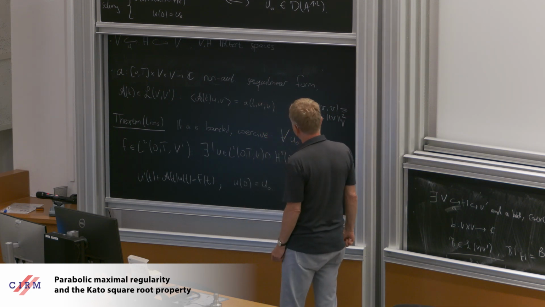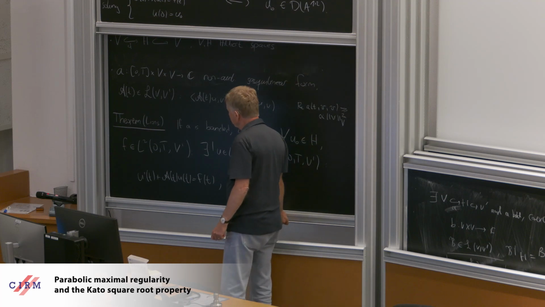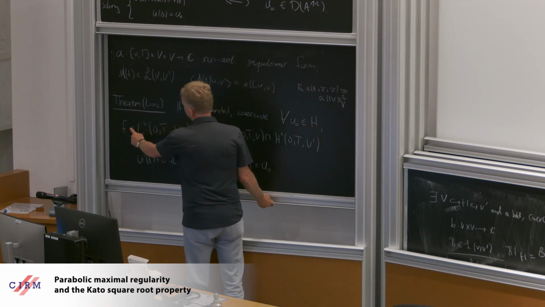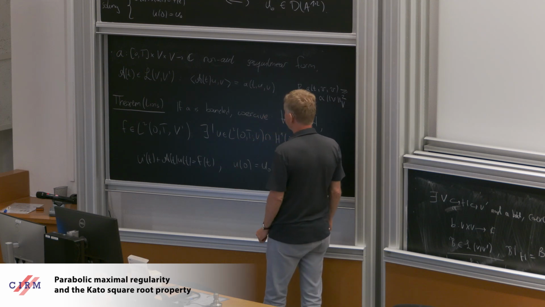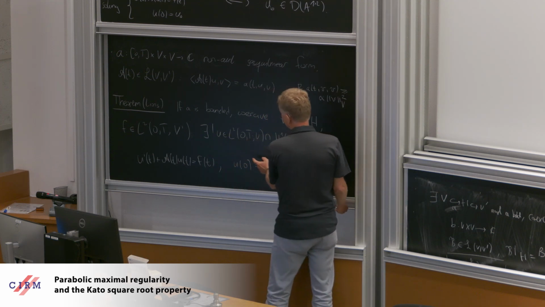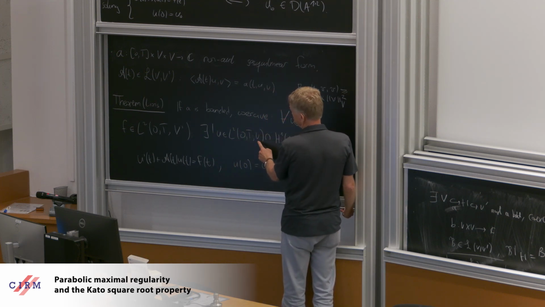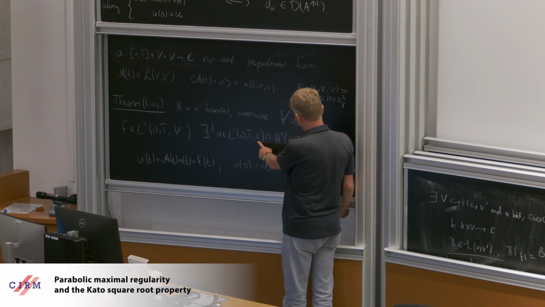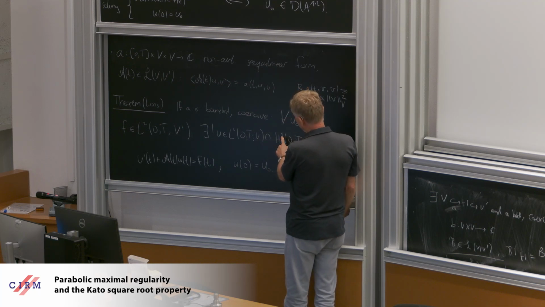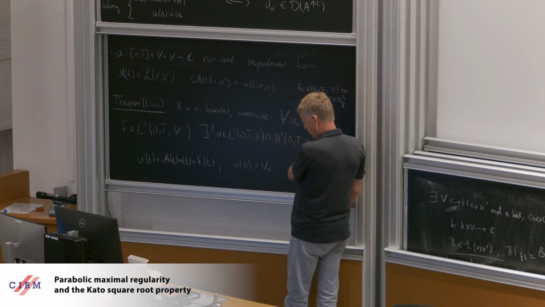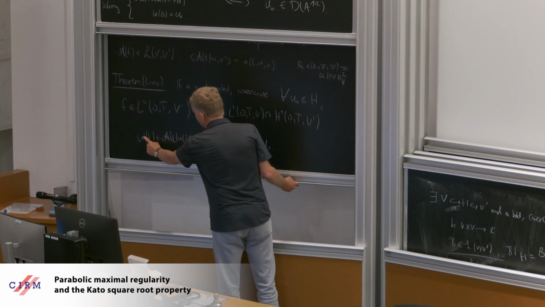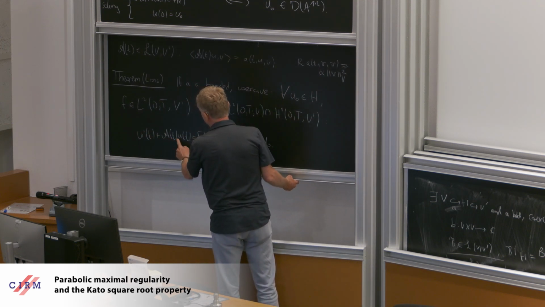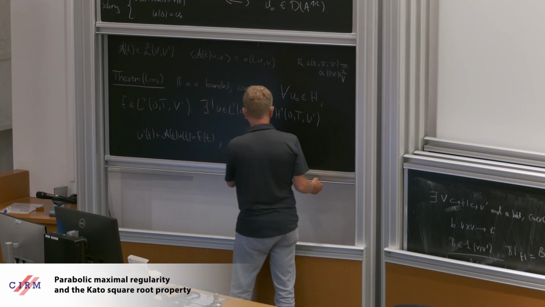And then the assertion of Lions' theorem is: whenever f is in L2 with values in the big space V prime, then we have a solution which is L2 in the smallest space V, and the derivative has its values only in V prime. It solves the equation u prime plus A(t) u(t) equals f(t), u(0) equals u0.